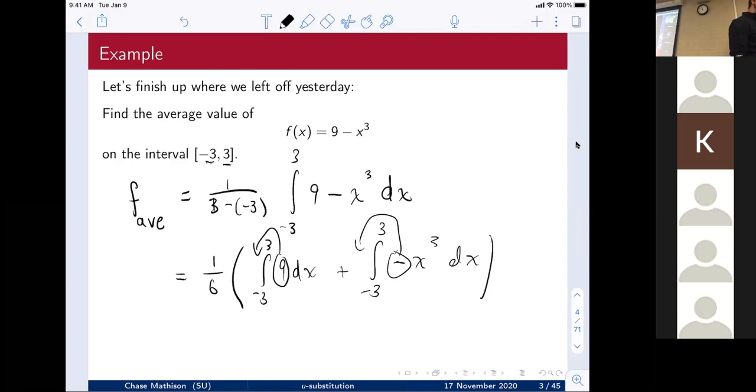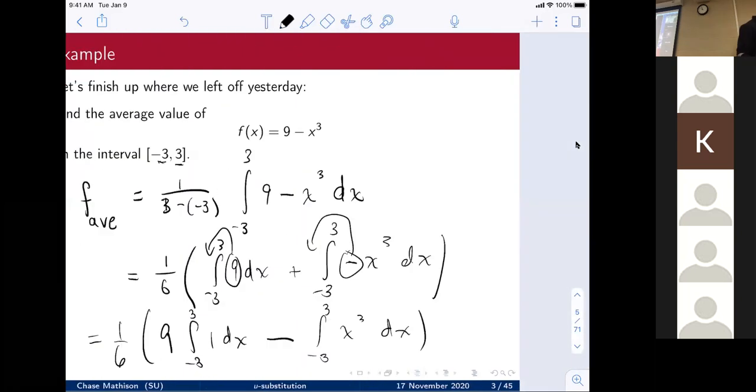And so when I do that, I'm going to end up with 1 over 6 times 9 times the integral from -3 to 3 of just 1 dx minus the integral from -3 to 3 of x cubed dx.